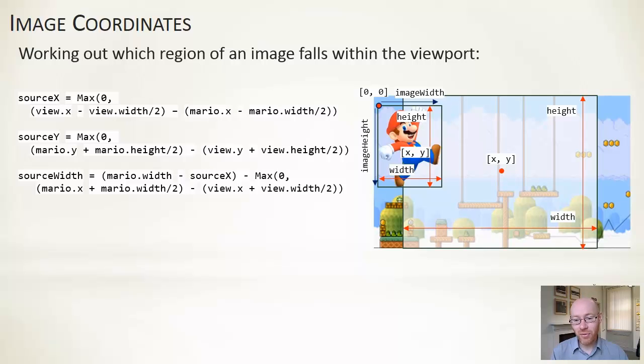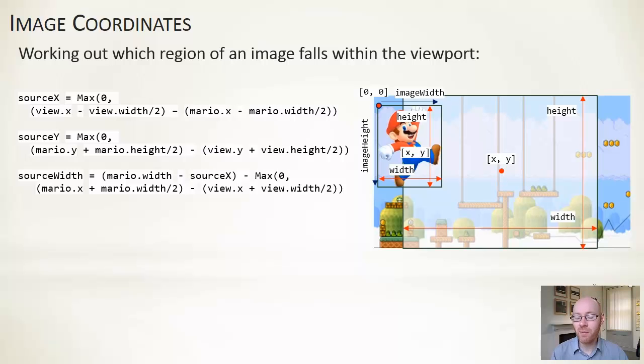If, when we were thinking about our starting X location, Mario was within the image, then potentially the width is going to be the whole of the image. So Mario.width minus source X. If it was 0, if Mario starts within it, then we're prepared to draw the whole thing.